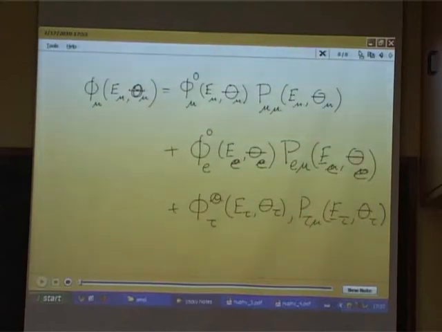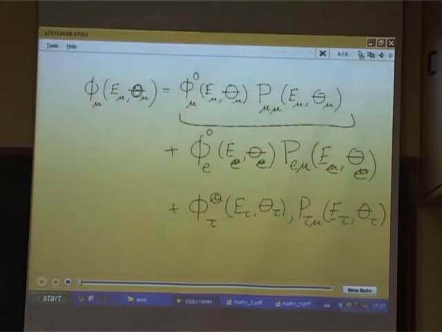So in general, to be able to find the flux of neutrinos, this is what you would want to do. For atmospheric neutrinos, we know that it's mainly the first line that will come. The rest we don't. But when you are, for example, making a beam of neutrinos, you might make a beam of electron neutrinos. You may make a beam of tau neutrinos. I don't know if you want to make this.